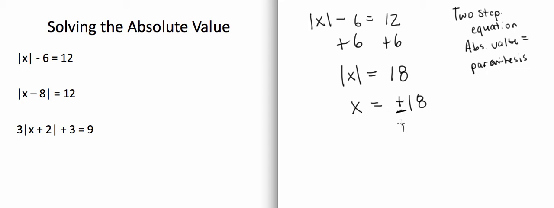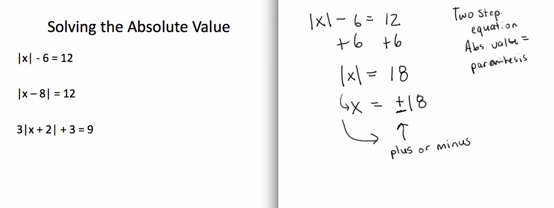So what we do is we add this plus or minus. Whenever we want to get rid of an absolute value function and just give it a value of x, we write a plus or minus in front of the value there.